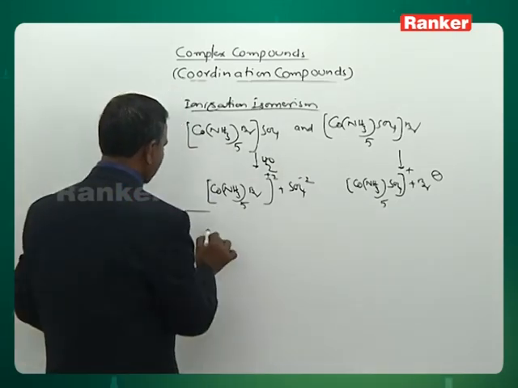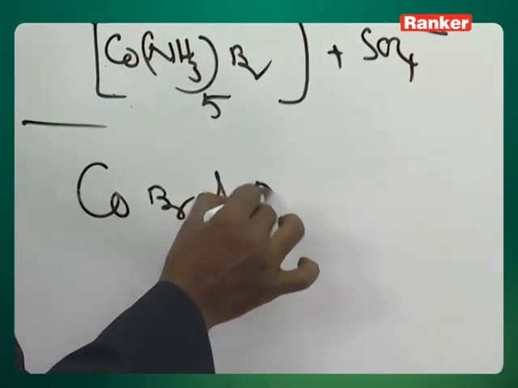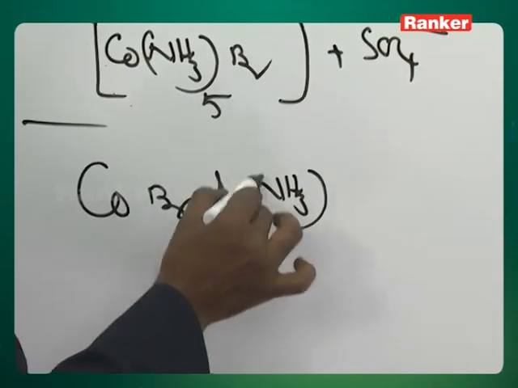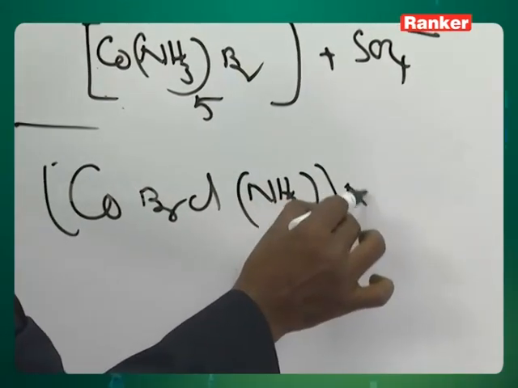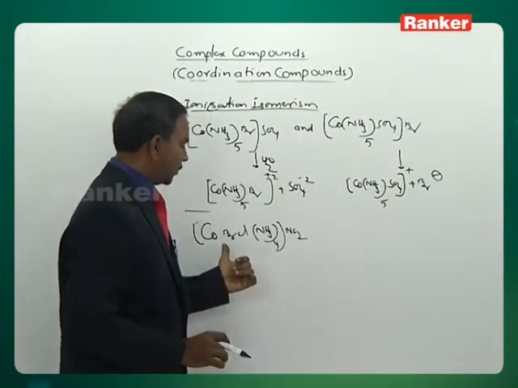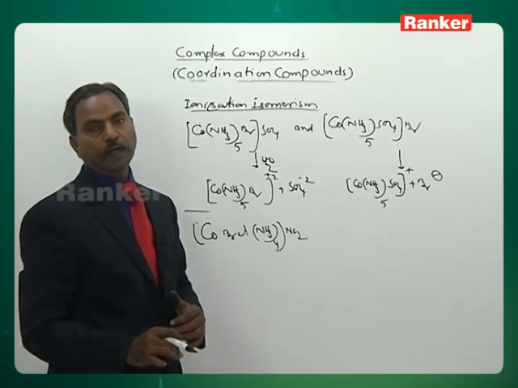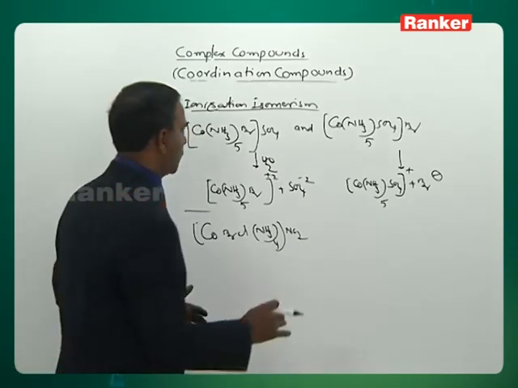Look at the board: [Co(Br)(Cl)(NH3)4] with one more outside the complex in the outer sphere. The anionic ligands are three, so you can write three isomers.